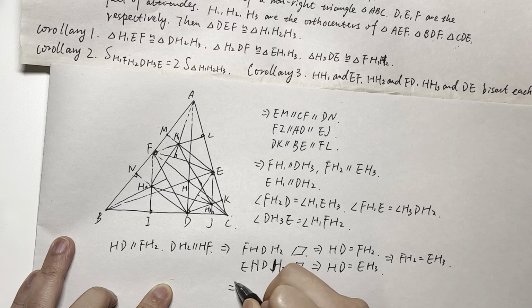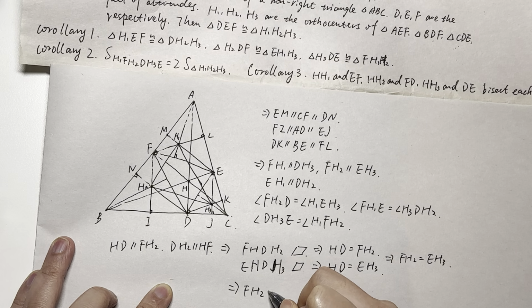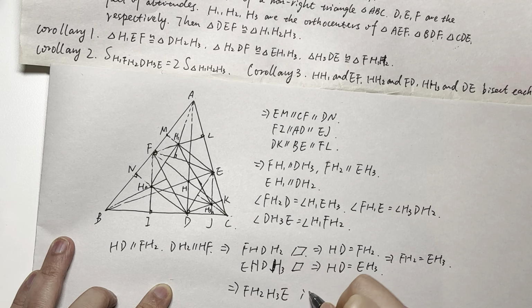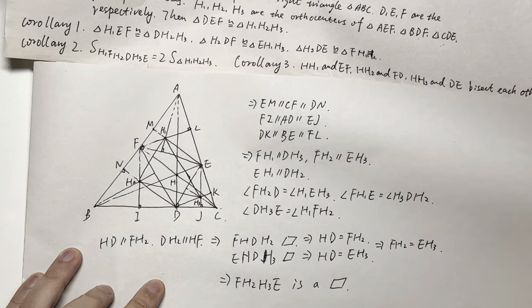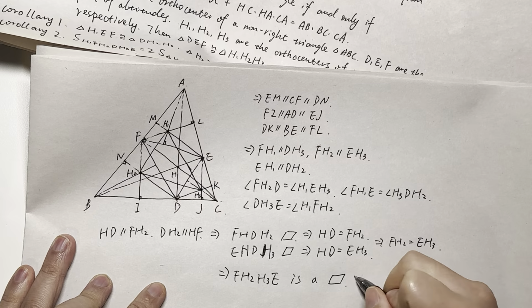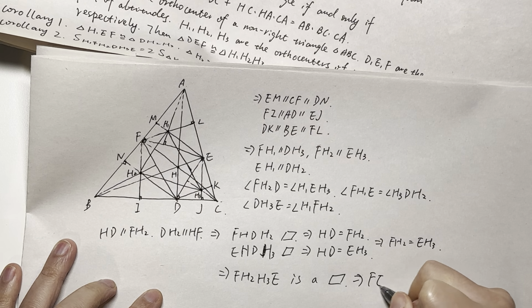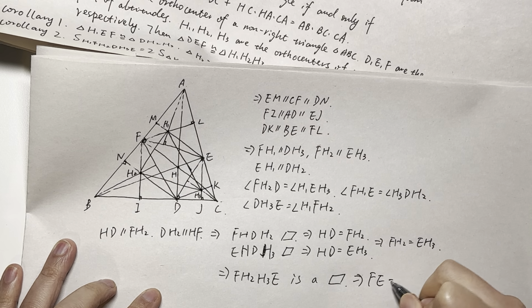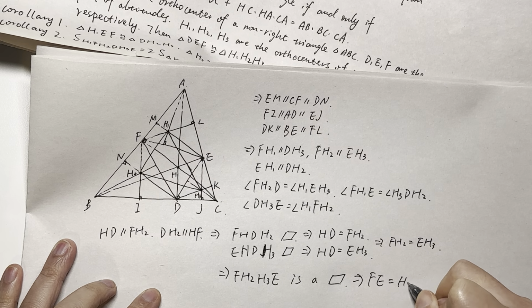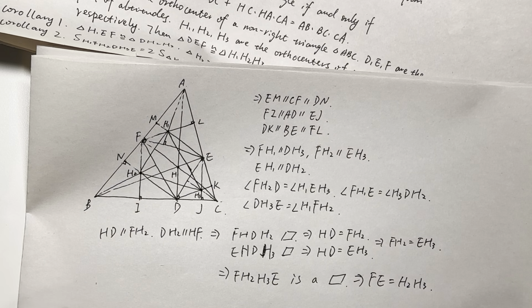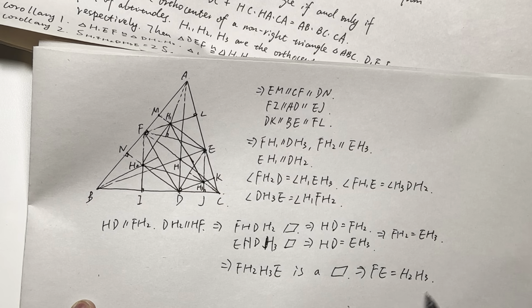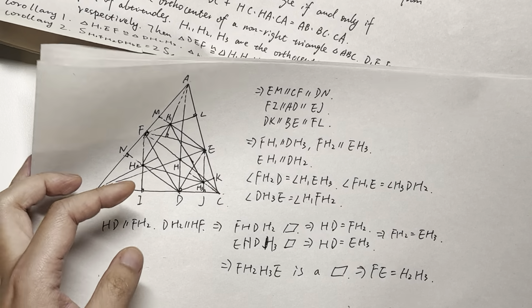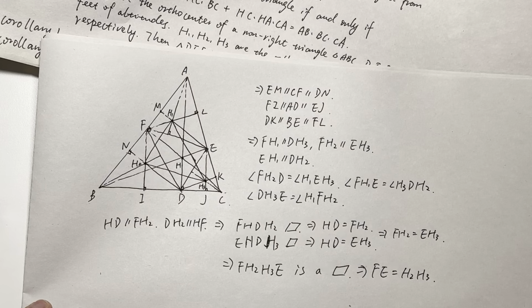And now we know that FH2 is parallel with EH3 and they are equal. So FH2H3E is a parallelogram. That means FE equals H2H3. We just proved that one pair of corresponding sides are equal, and we know that it's symmetrical.